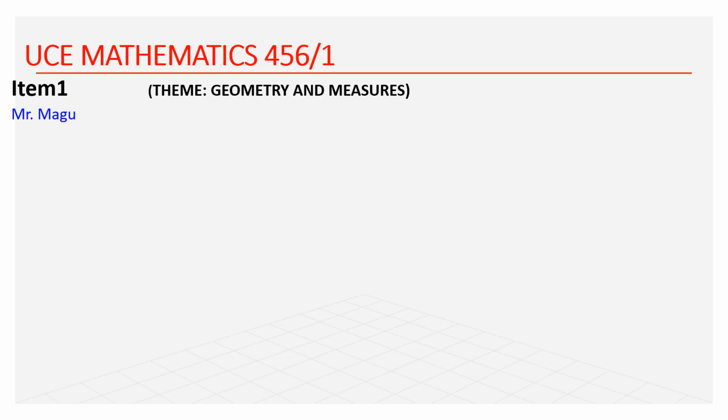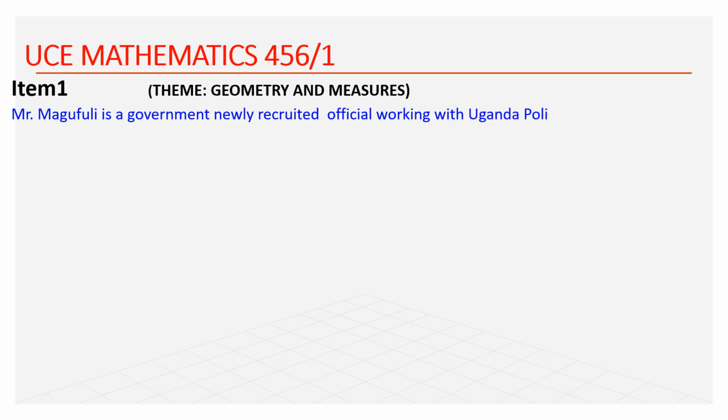Well, to start with, we have this simple item. Mr. Magufuli is a newly recruited government official working with the Uganda Police.